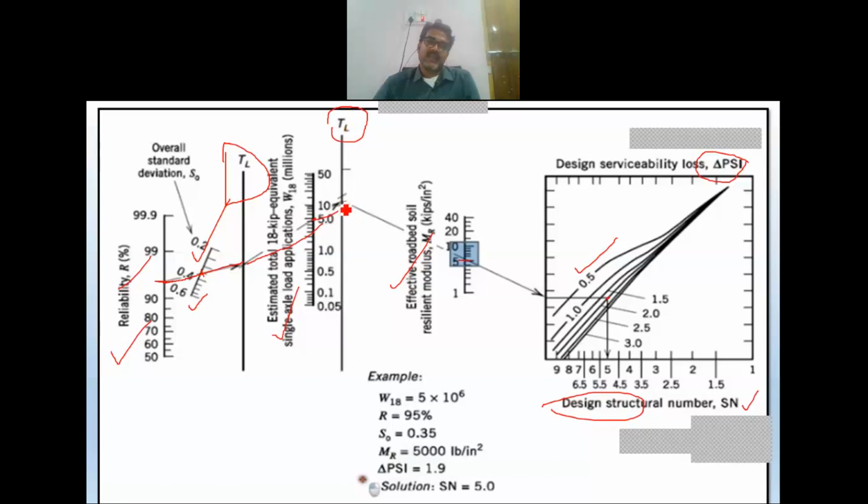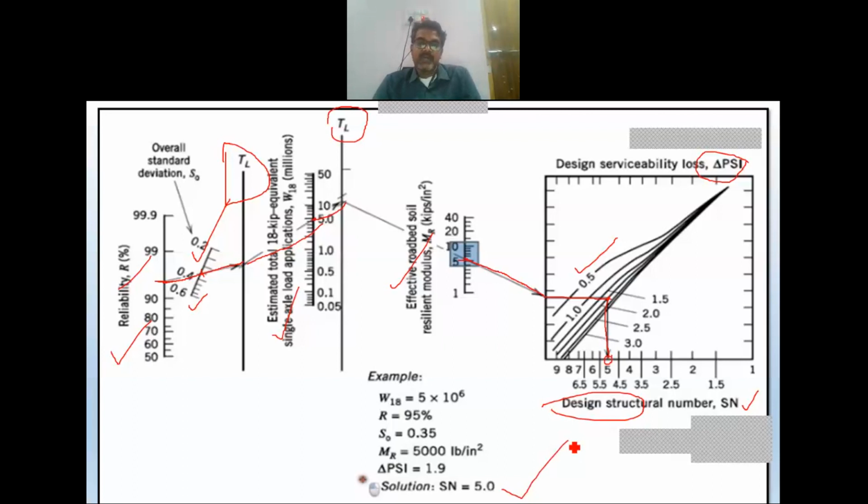From the next turning line, again I draw an inclined line onto the resilient modulus of soil subgrade, extended onto the chart. From this intersection point, I draw a horizontal line onto the delta PSI curve. From this intersection point, I draw a vertical line onto the structural number axis, which directly gives us 5 as the structural number. Now it is very simple to read the structural number.